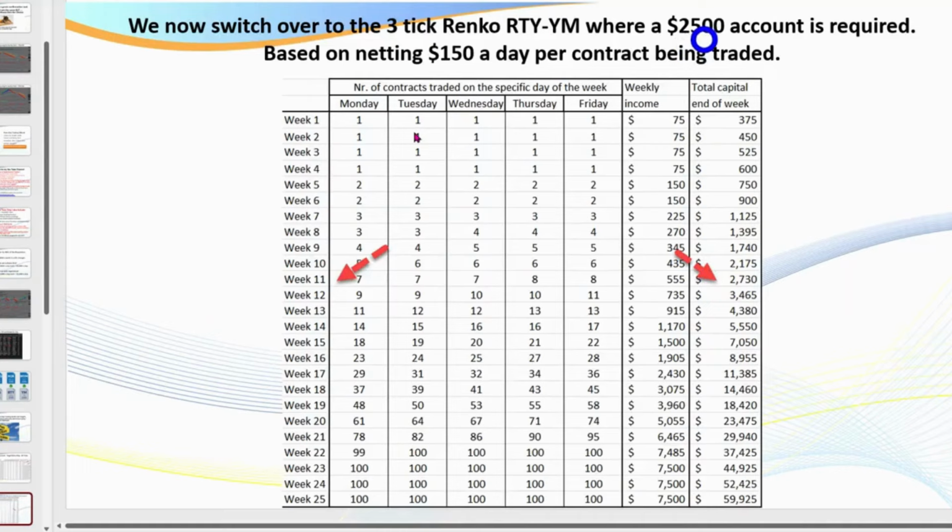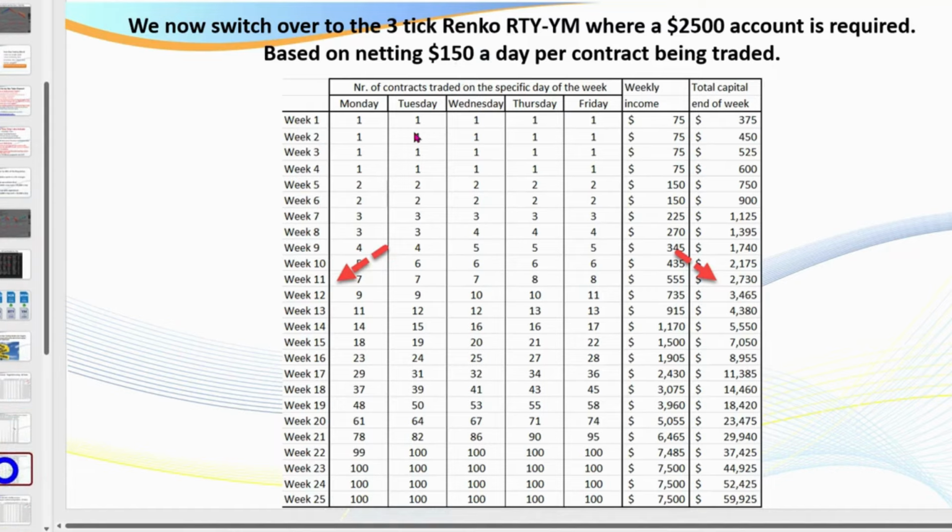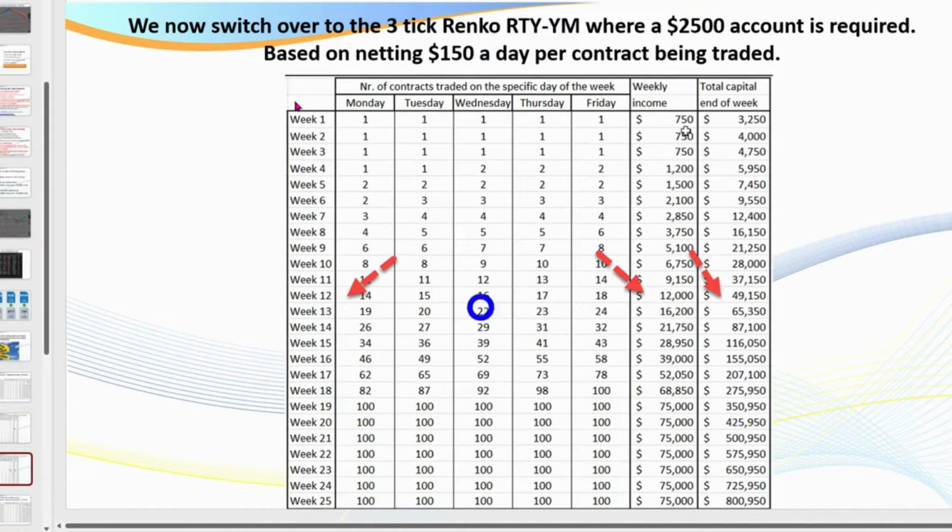Well, 10% of the value will be 3,000, but we can drop that down a wee bit, down to 2,500, and based upon here 150 a day, what that means is here within 12 weeks I've got the potential there of earning my 12 grand a week, and my account size is 49,000. Now here that's based upon 150 a day, which is 30 ticks a day.